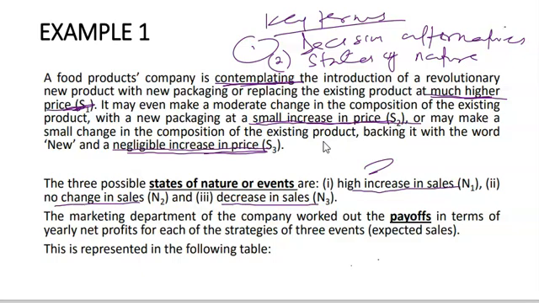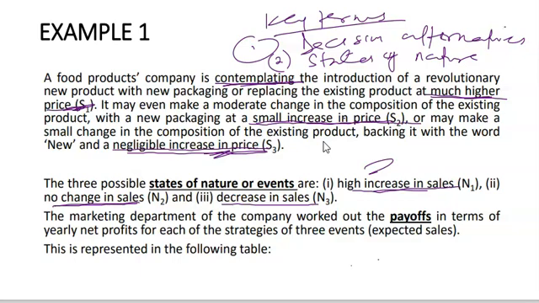Don't forget, states of nature are not the things you have control over. You have control over whether to increase your price to a much higher price, or to have a small increase, or just a negligible one. These are within your control. But whether it will result in a high increase in sales, you cannot control. Whether it will bring about no change in sales, you cannot control.